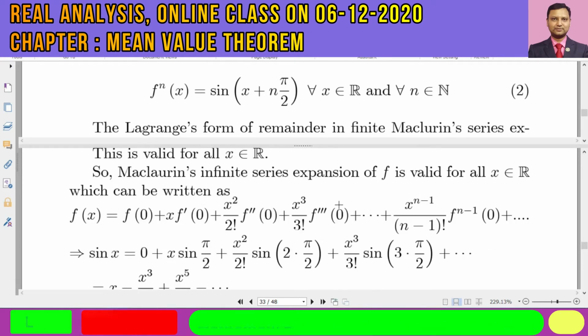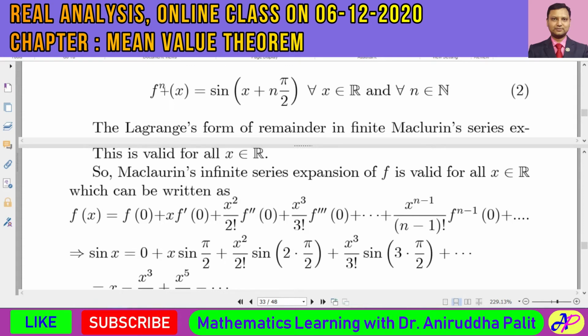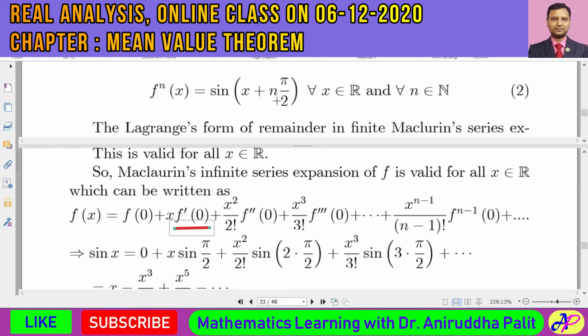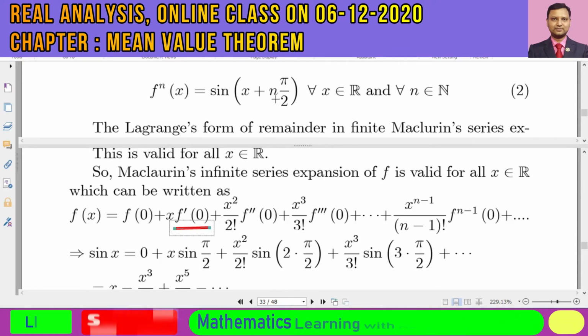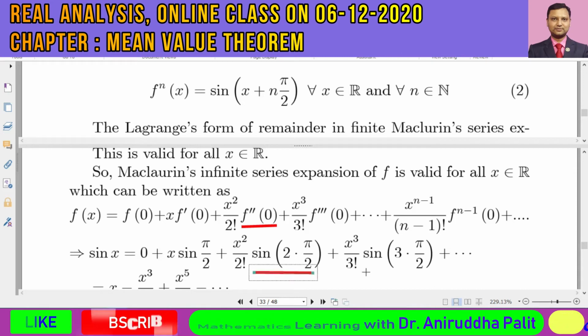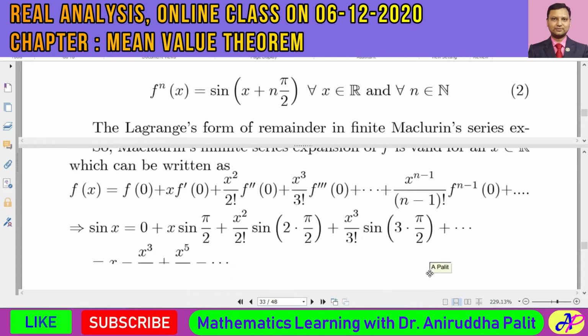Therefore, if we put x is equal to 0 and n is equal to 1, we get the expression of f dash 0, which is sine of pi by 2. Similarly, if we put n is equal to 2 and x is equal to 0, we get f double dash 0, which is sine of 2 into pi by 2. Similarly, the next one would be sine of 3 into pi by 2 and so on.